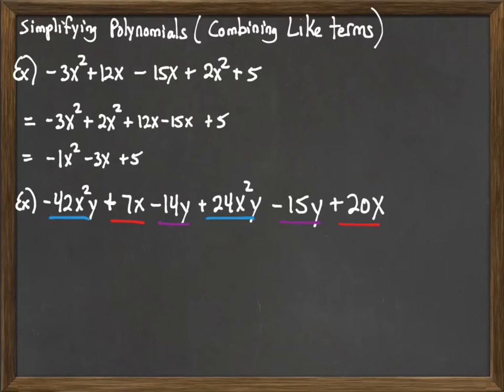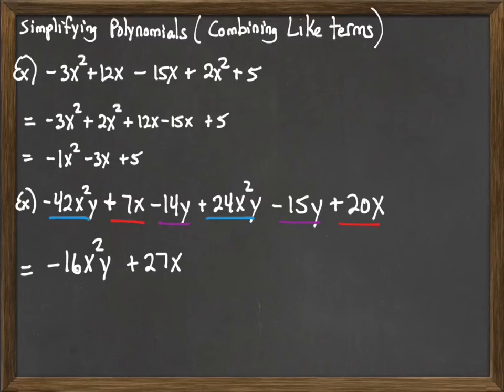And then we just go through and we start to simplify. We do our blue first, we put those together. Negative 42 plus 24 is going to be a negative 18, and we keep the variable piece. So negative 18x squared y. Next I move on to my x's. I have my 7 and my 20, so a positive 7 plus a positive 20 is going to be 27x.